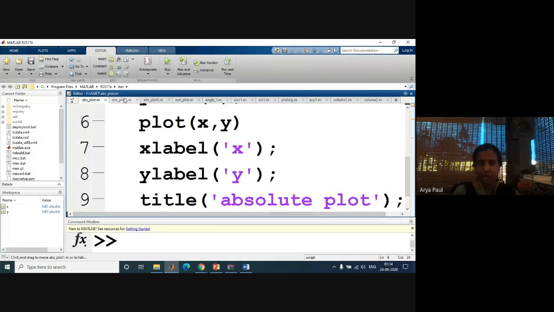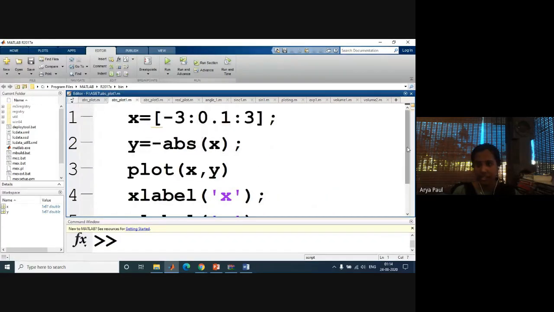Now, if you want to plot the reverse or the mirror image of this absolute plot, you can just create minus of ABS of X. You can try all these things.